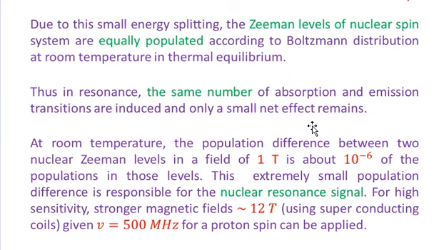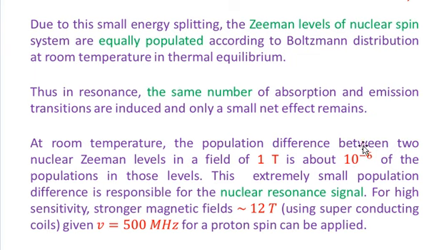That is, there would be a small population difference between the Zeeman levels or the hyperfine levels. At room temperature, the population difference between two nuclear Zeeman levels or hyperfine levels in a field of 1 Tesla is about 10 to the power minus 6 of the populations present in these two levels.